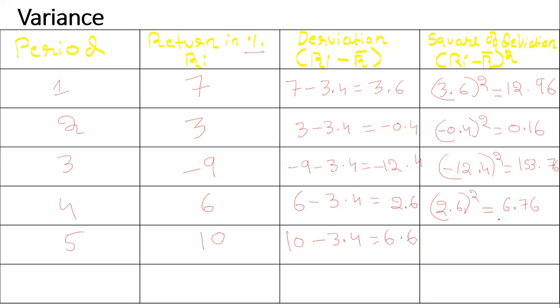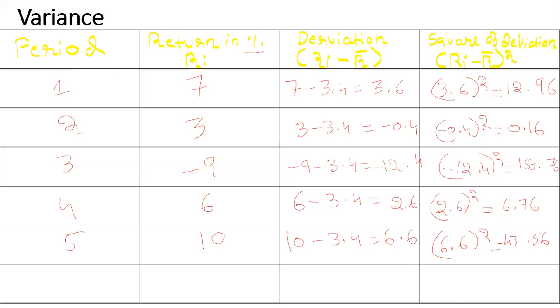And for the fifth year, 6.6 square is equal to 43.56.